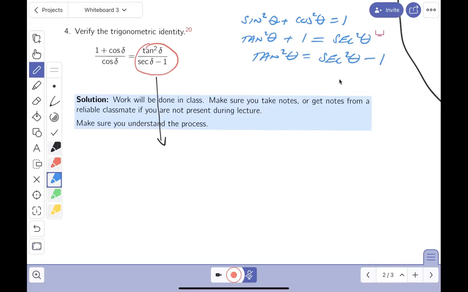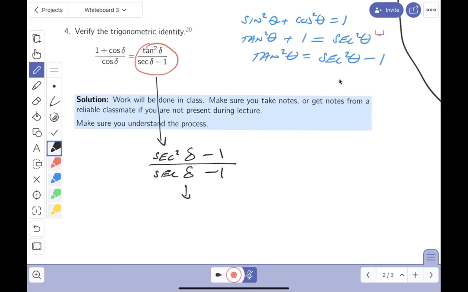All right, so let's take a look at that. I'm going to write tangent squared a little differently. I'm not saying it's going to work, but let's see. So I'm going to write down that tangent squared is actually secant squared delta, not theta, minus 1 over secant delta minus 1. Well, what do I notice immediately?